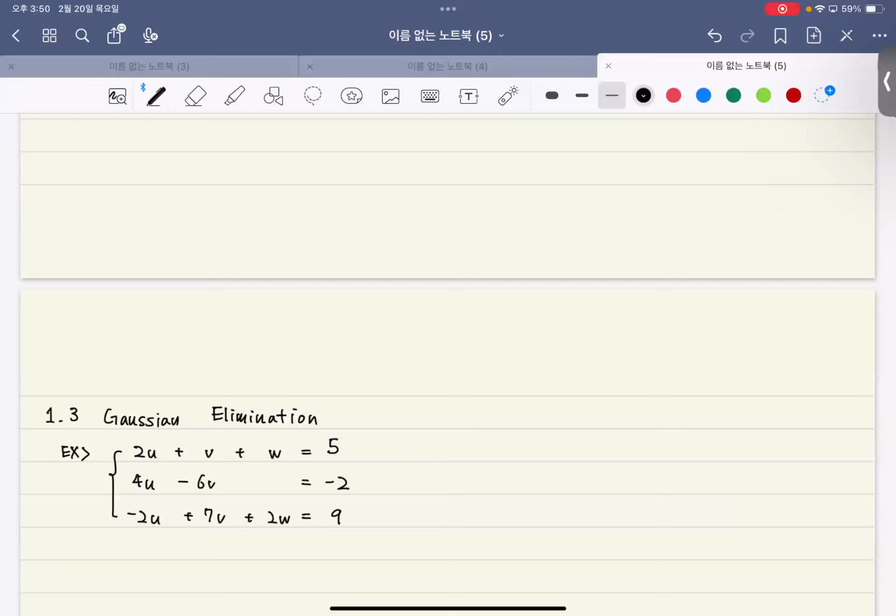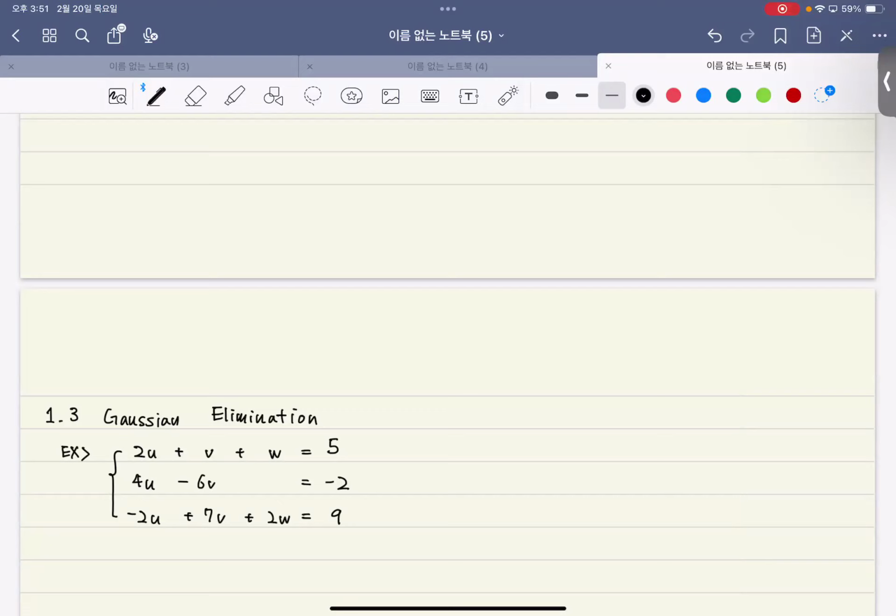Let's take a look at this example. Suppose that you are supposed to solve this system. What are you going to do? If I were about to solve the equation, maybe I would try to solve the first equation for W and plug that W into the other equations and try to reduce the number of unknowns from 3 to 2 and so on.